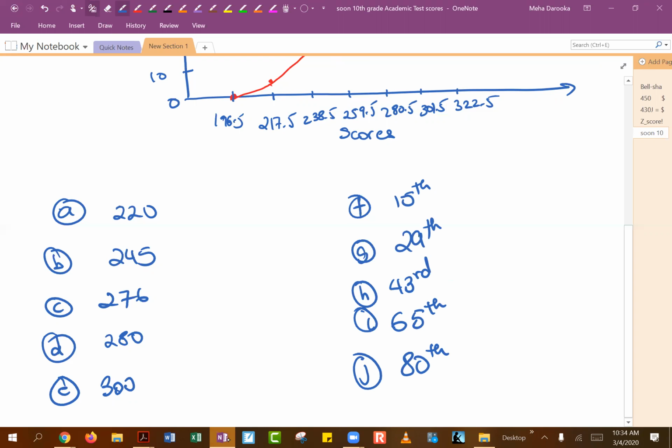Okay, so if we are talking about 220 as our score, how are you going to try and figure out where that 220 is? So basically, you've got 21 values sandwiched between 217.5 and 238.5. So if you had to approximately guess, where would you put your 220 at?